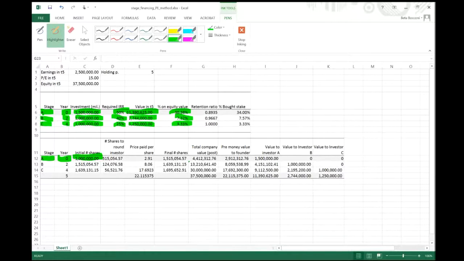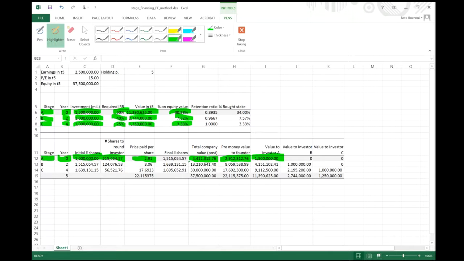And based on our calculations, you know that the investor will invest in 515,054 shares with a price paid per share of 2.91, and for a total company value post-money of about 4.4 million, which corresponds to a capital increase of 1.5 and a pre-money valuation to the founder of about 2.91 million. Please notice one thing.